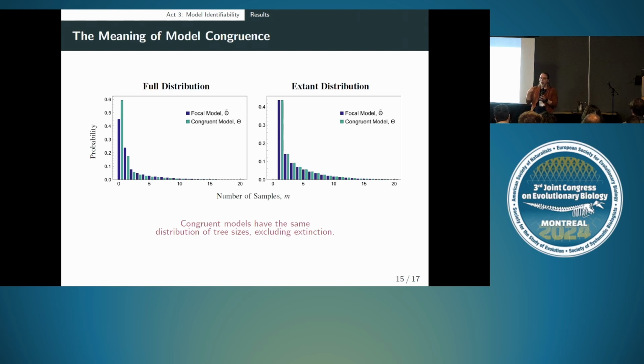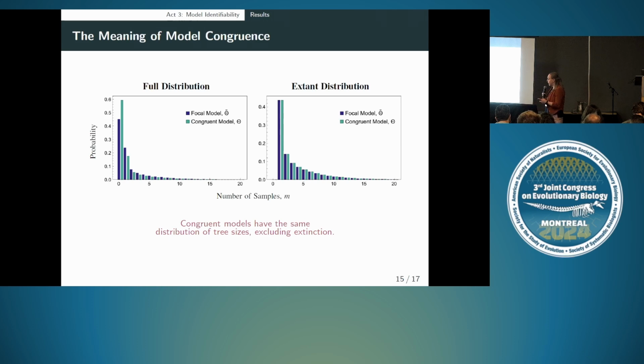This means that congruent models are congruent because they are indistinguishable up to, but not including, extinction. So they differ in their extinction probabilities, but not in their non-extinction probabilities. And this makes sense because we don't look at phylogenies that went extinct.